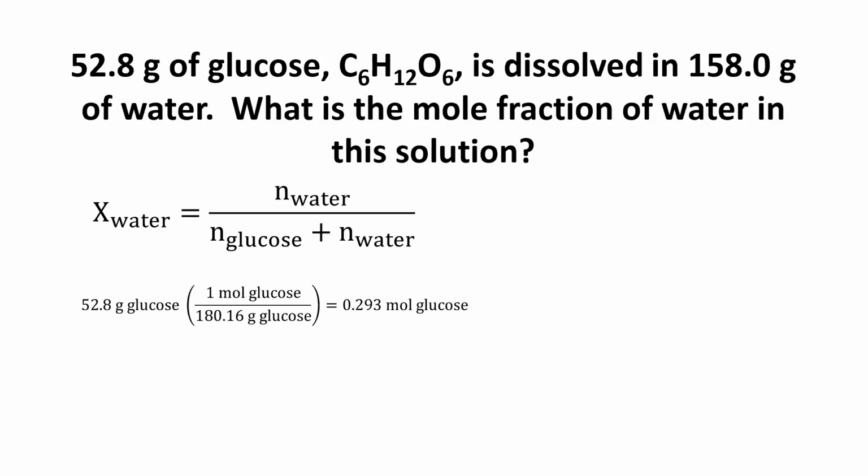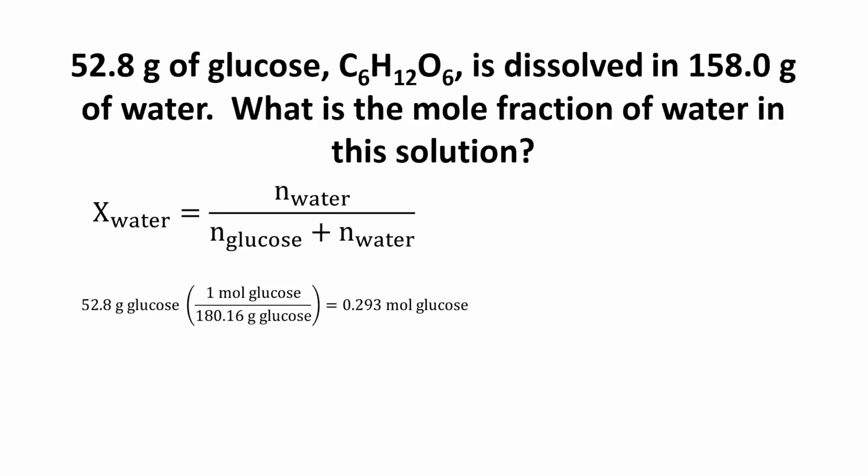All right, so I hope we remember how to get from grams, which is the information we have on all of our materials, solute and solvent, to get from grams into moles, we need to know the molar mass of each of those components. So given the formula of glucose, and I hope we all know what the formula of water is by now, it's H2O, we can make those conversions from grams into moles of each of those components.